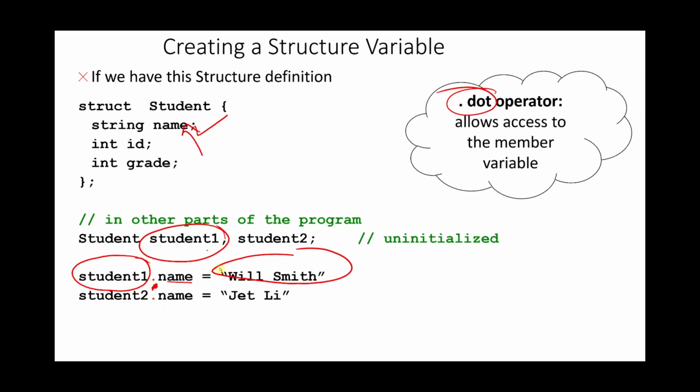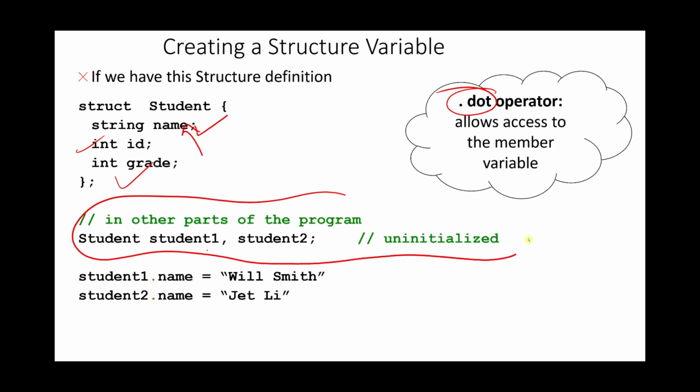If I'm going to assign a name to student2, then I would do student2.name Jet Li, and so on with the ID and the grade. So basically, when I create these two variables, I created two variables of type student, but those are uninitialized.